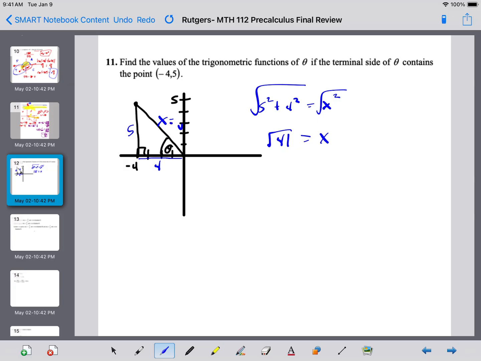So we have x equals the square root of 41. So we have sine theta, cosine theta, tangent theta, and their reciprocal functions: cosecant theta, secant theta, and cotangent theta.